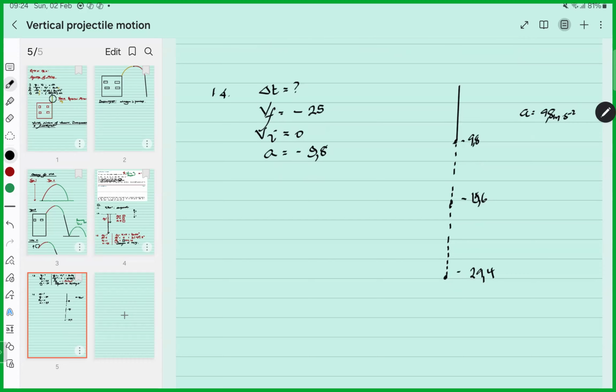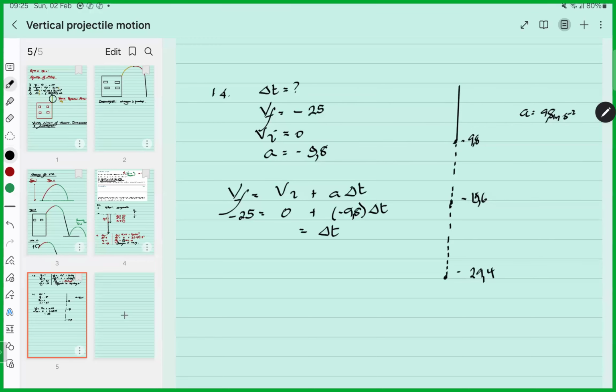The equation that relates these variables together, as I said, don't make finding the equation the difficult part, is VF equals VI plus A delta T. Your VF is minus 25. Your VI is 0. The acceleration is minus 9.8 multiplied by delta T. Minus 25 divided by minus 9.8 will give you your answer for T to be positive.